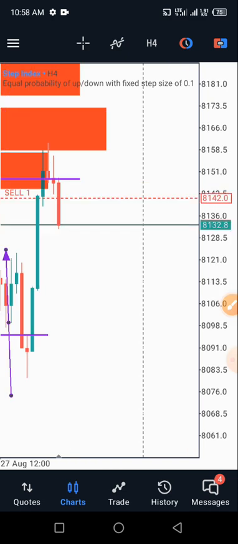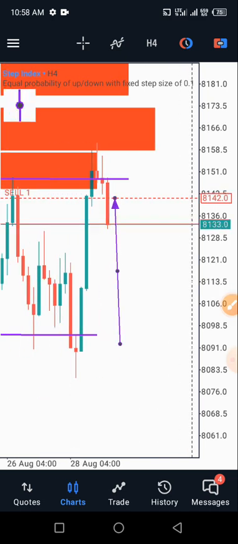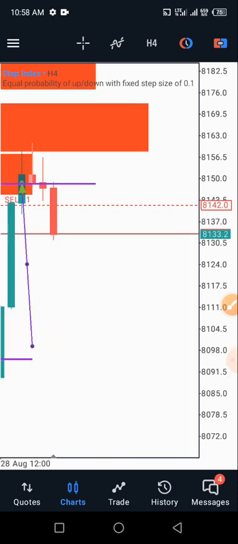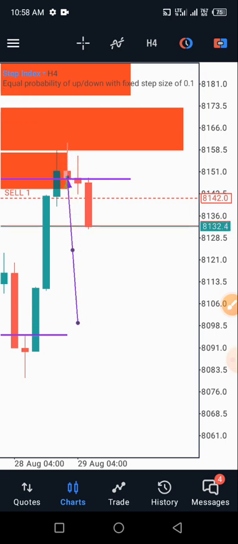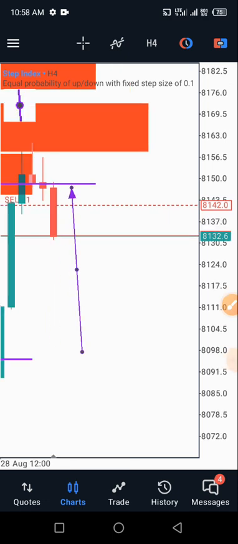Remember, we took our trade somewhere around here, and this particular candlestick here, which is a pin bar candlestick, is a confirmation candlestick that shows us that price is now wanting to sell in the market, and that was why we took this sell after the close of this candle. And then this particular candle here suggests to us that the market is not willing to take out the high of this particular candle.